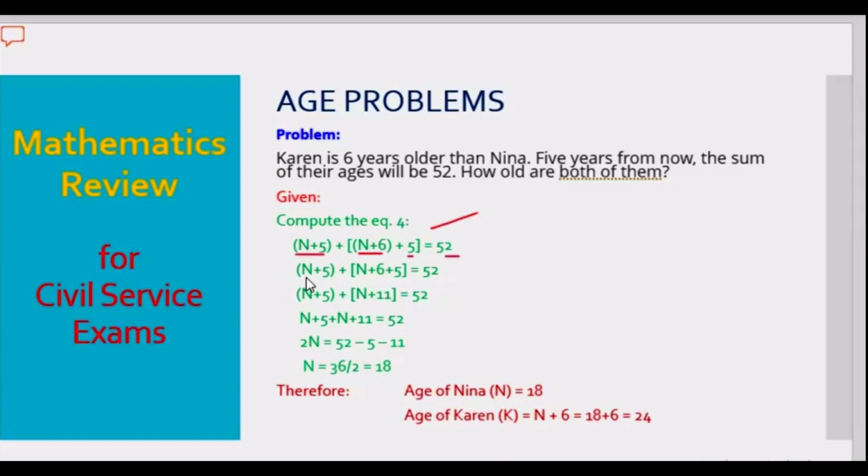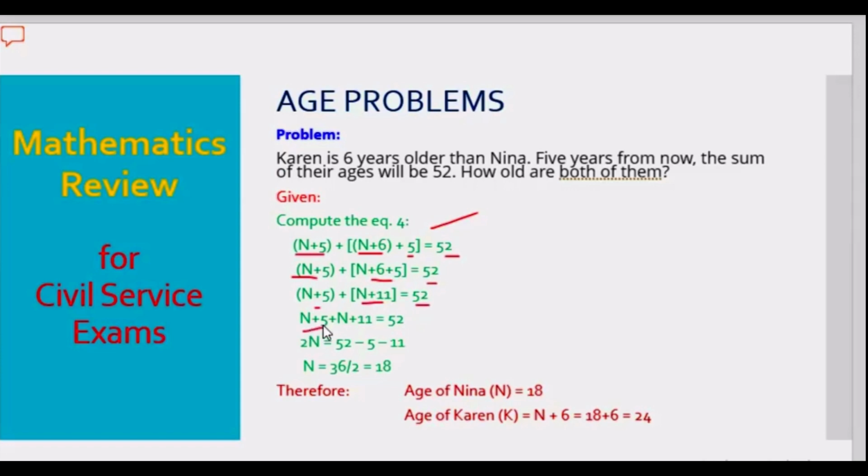So we will obtain the N plus 5. I'll just in detail manipulate the age of Karen. So N plus 5 plus 6 plus 5, equals 52. So again, N plus 5, so the age of Karen is N plus 11, equals 52. So tanggalin ko lang lahat yung mga brackets sa mga parentheses.